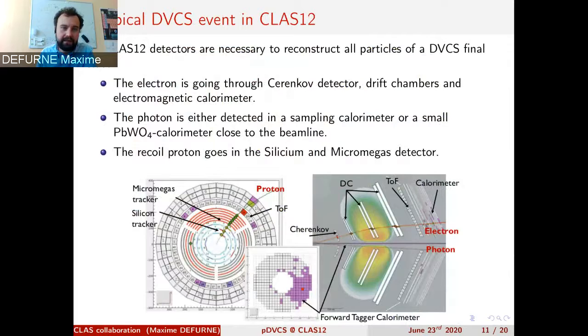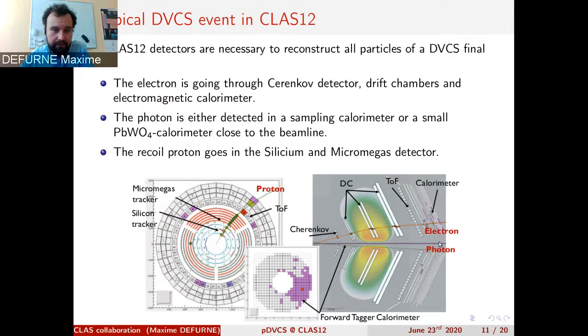So to study DVCS in CLAS12, one must look at all detectors in CLAS12. For instance, the electron will scatter off the proton, and you can see on the bottom right a drawing where you have the electron that will go inside the torus magnetic field, go through drift chambers for tracking, and reach at the end an electromagnetic calorimeter for particle identification.